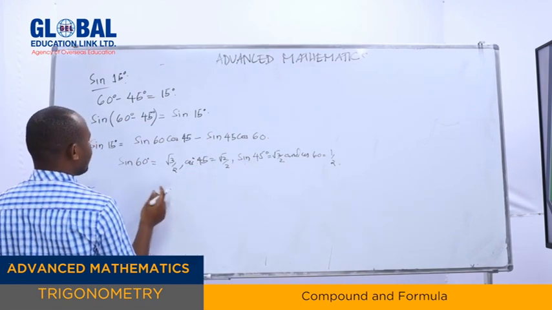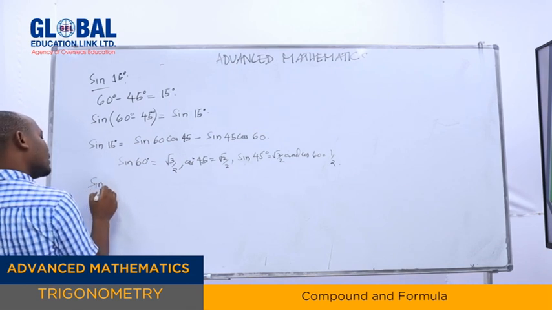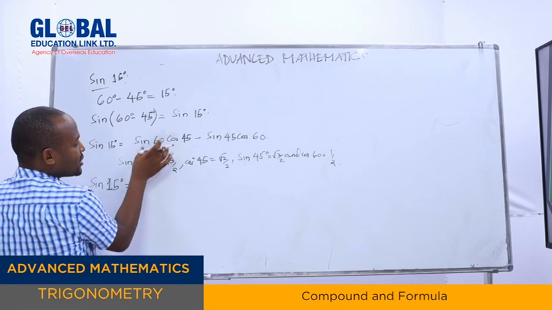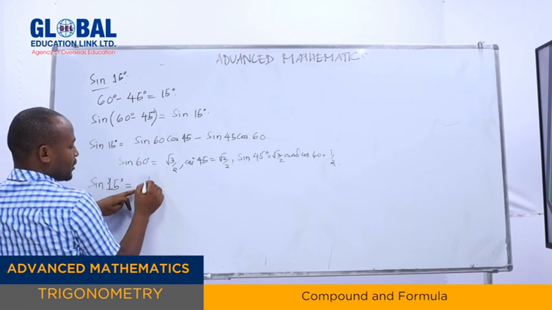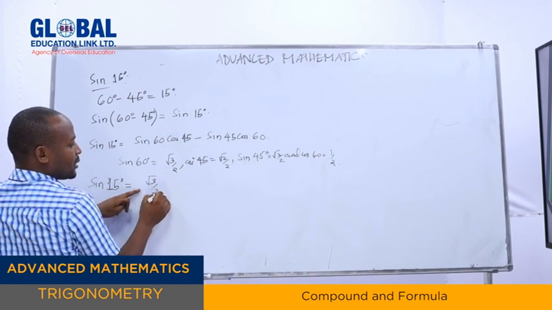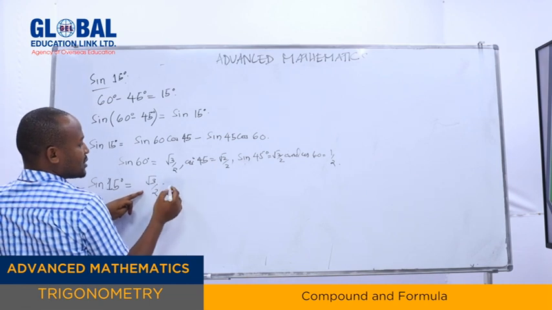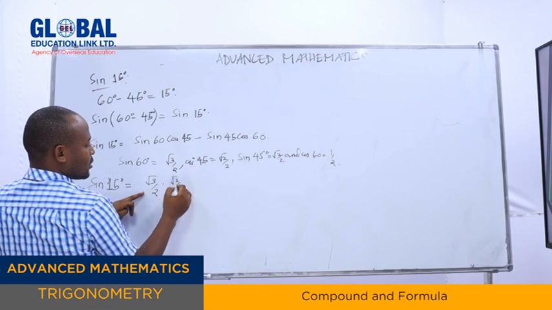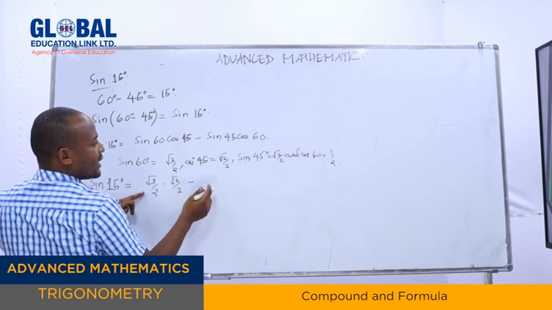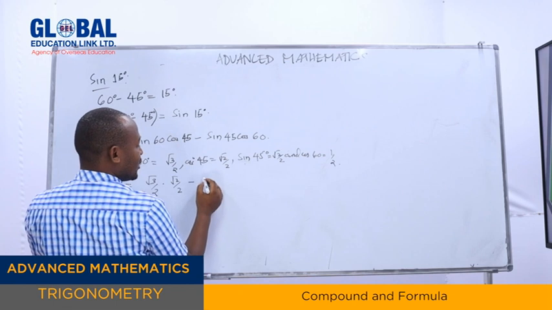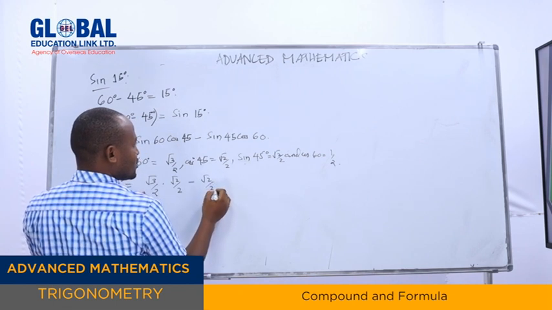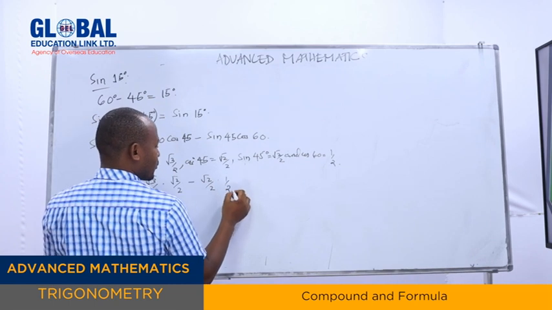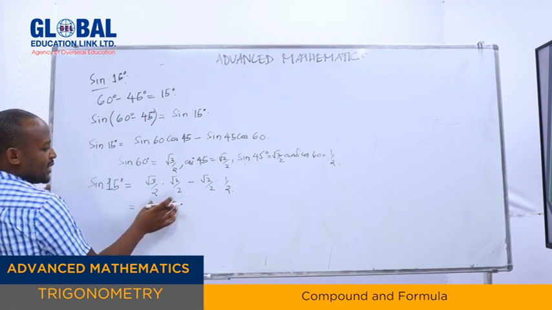So sine 15 equals what? Sine of 60, that is root 3 over 2, times cos of 45, that is root 2 over 2, minus sine of 45, root 2 over 2, times cos of 60, that is a half. Now let's multiply that.